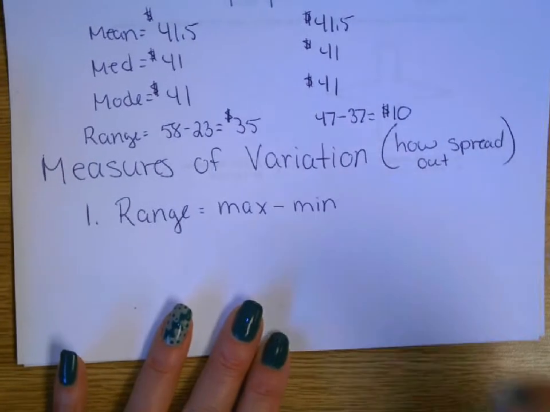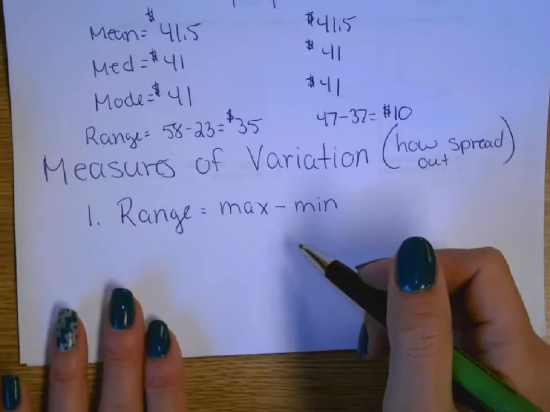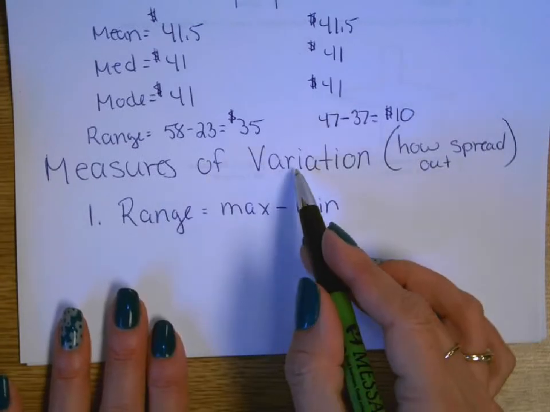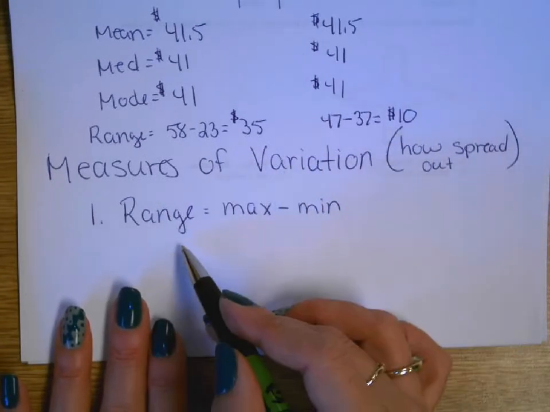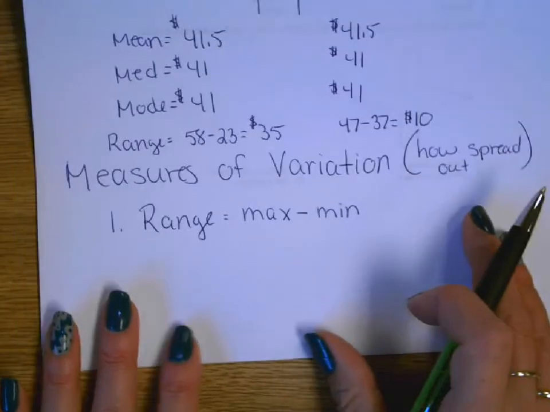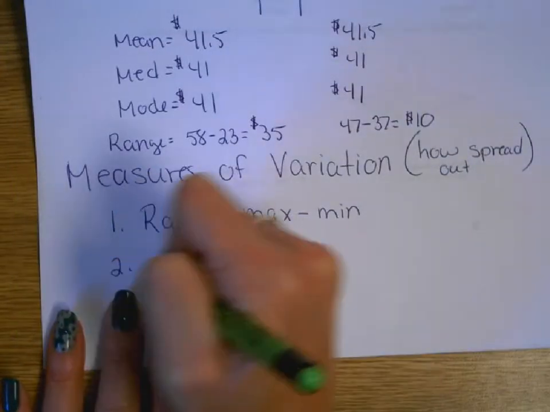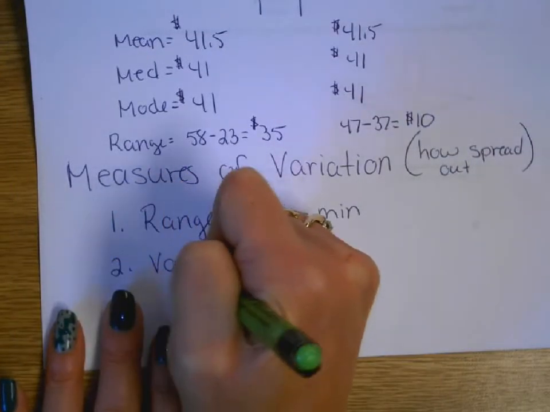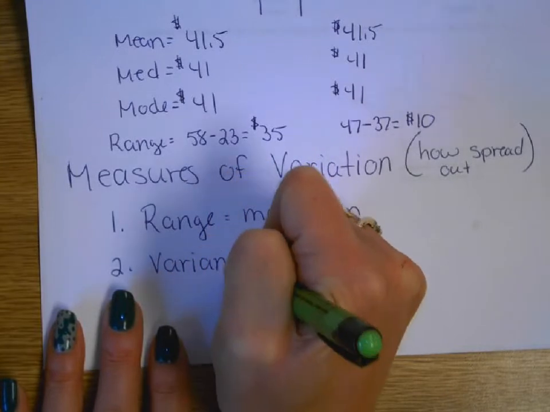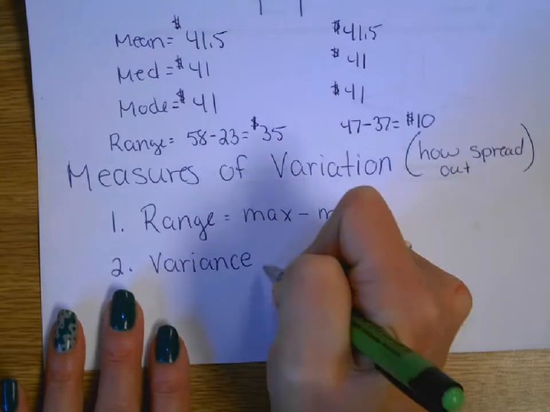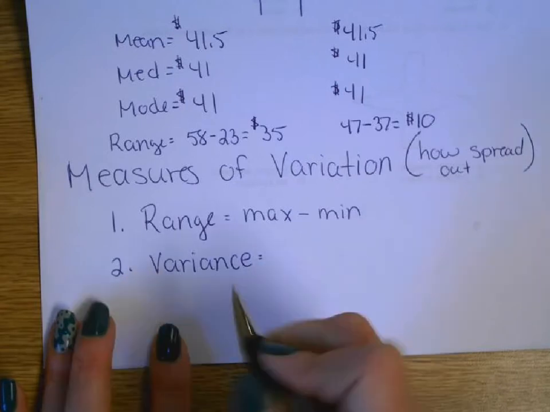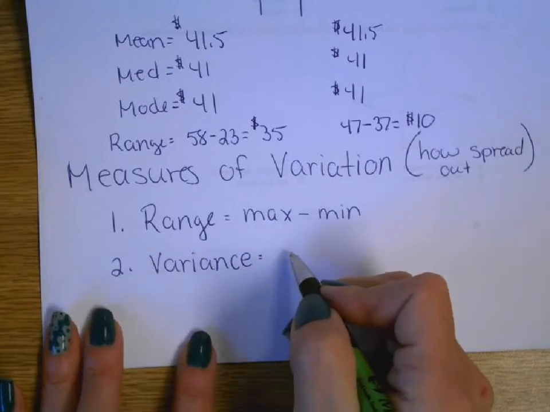So to fix that, we have 2 other measures of variation. One is called variance, and the other one is standard deviation. So variance. And there's a whole big process to get this.